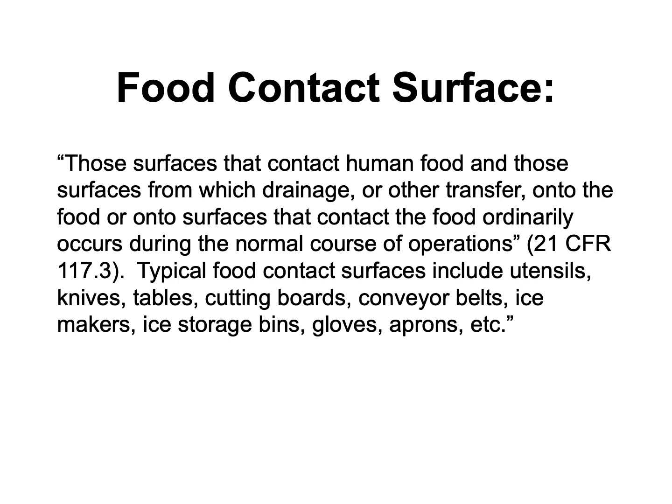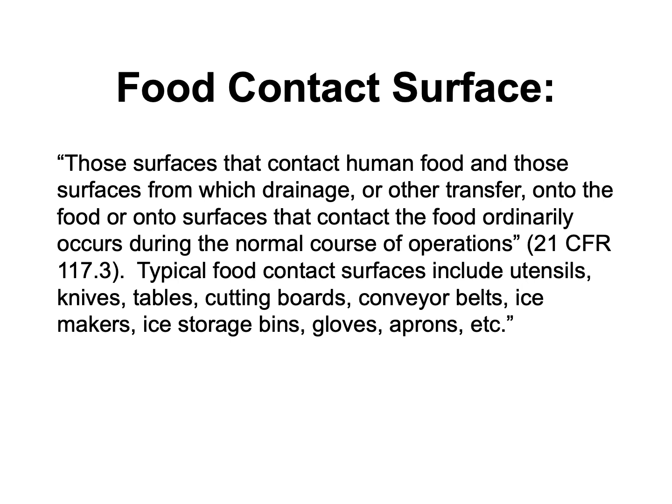So what is a food contact surface anyway? Well, it's defined as surfaces that contact human food, and those surfaces from which drainage or other transfer onto the food or onto surfaces that contact the food ordinarily occurs during the normal course of operations.